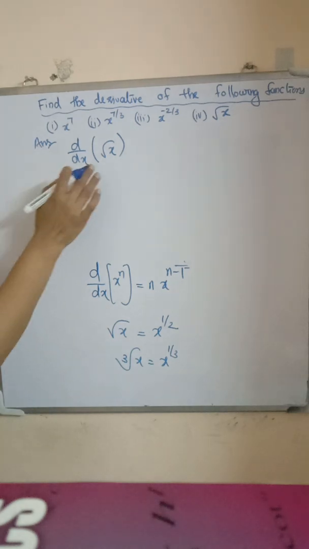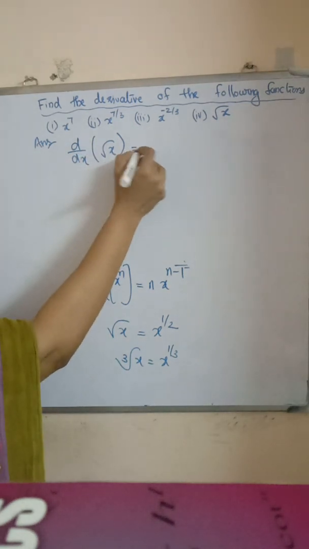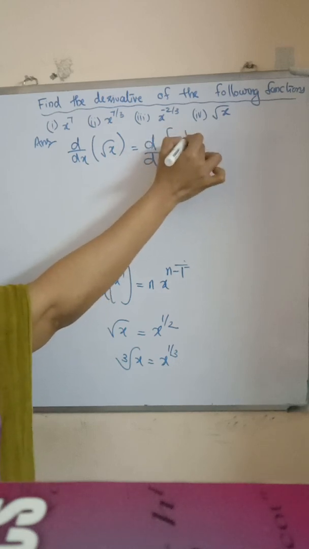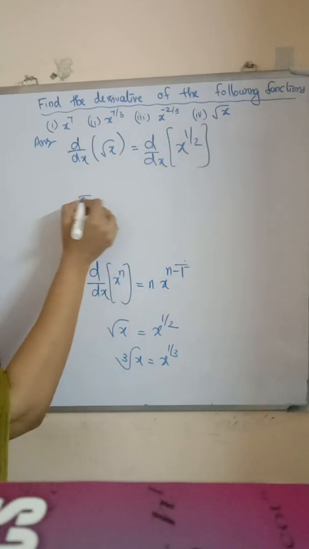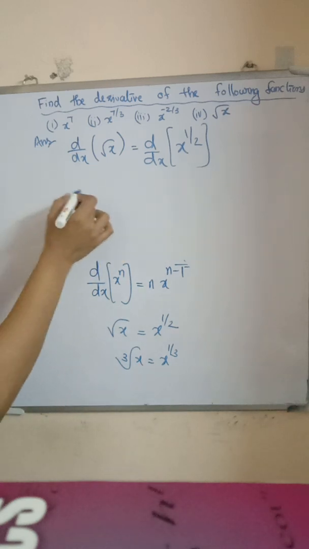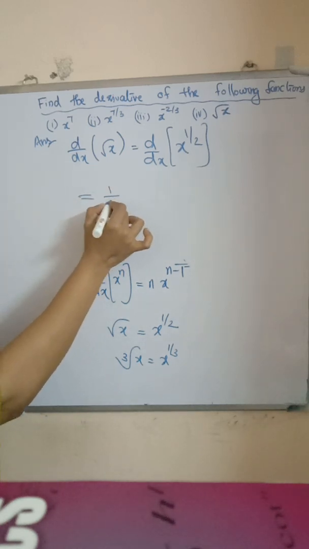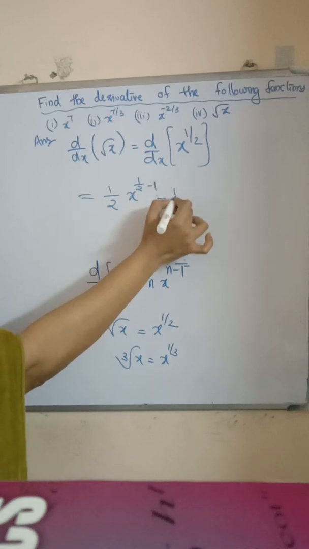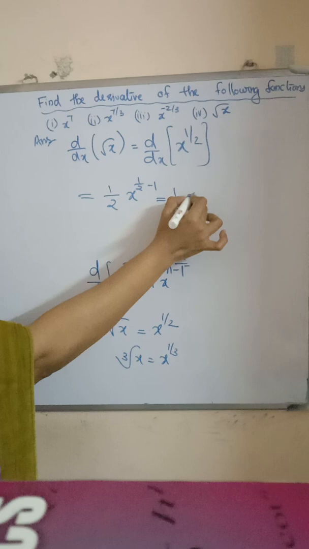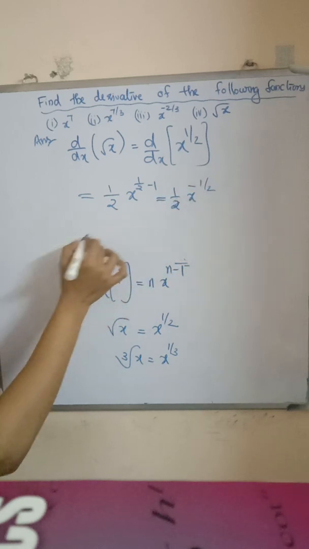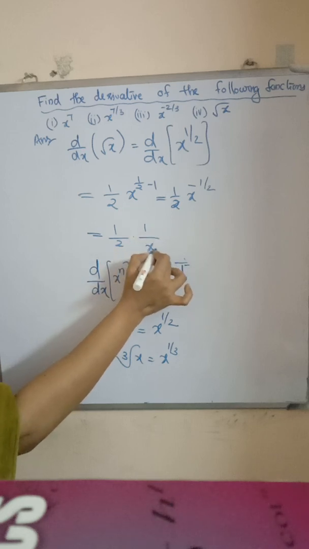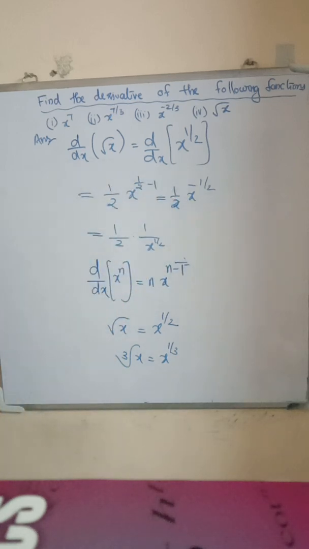So d by dx of root x is equal to d by dx of x raised to half. The derivative of x raised to n is n x raised to n minus 1. So here it is half x raised to half minus 1. That is equal to half into x raised to minus half. That is equal to half into 1 by x raised to half. X raised to minus half is equal to 1 by x raised to half.